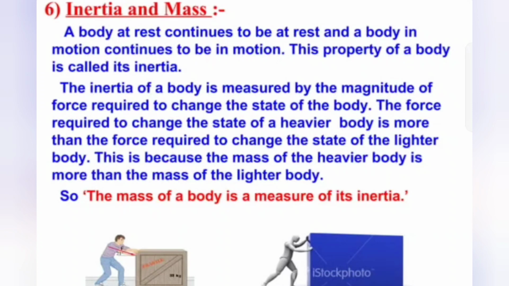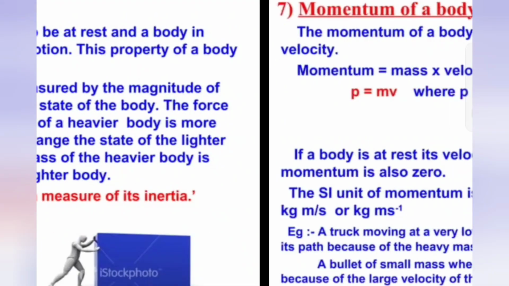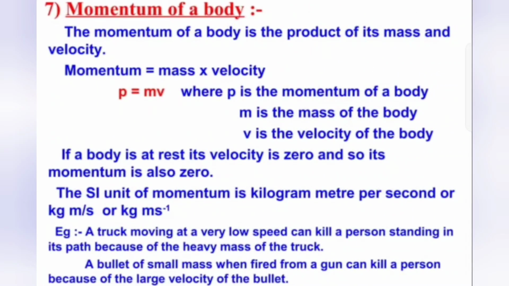This is because the mass of a heavier object is more than the mass of a lighter body. So the mass of a body is a measure of its inertia. So think, inertia is directly proportional to mass. Why? Because there is more mass. So more mass, more inertia. Less mass, less inertia.